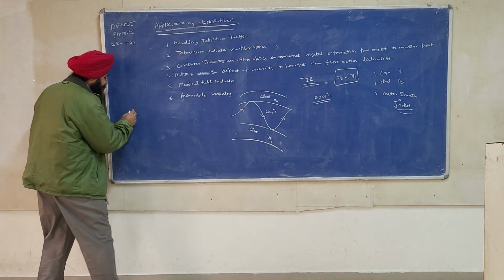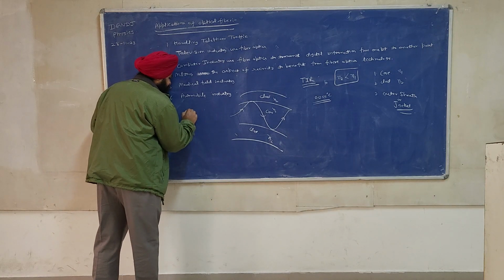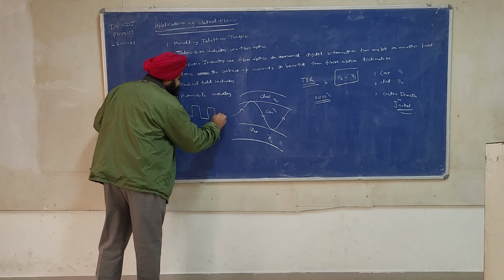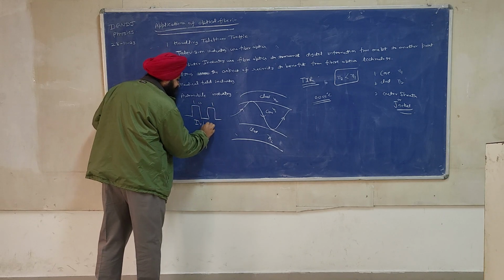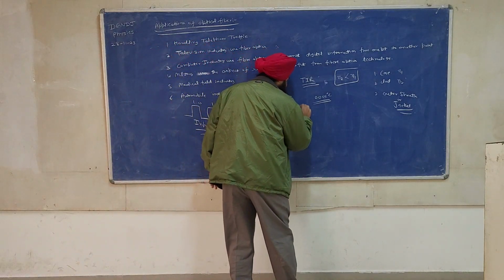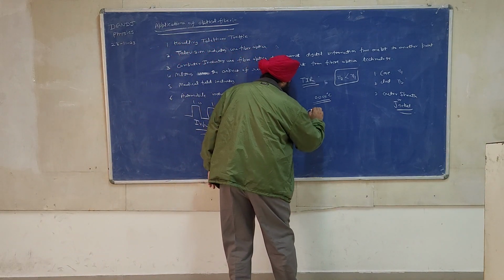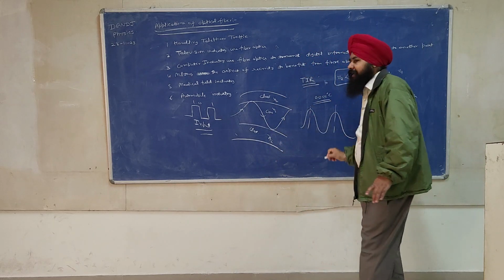Let us say this is our input signal, 101. At the output side, sometimes the shape of the signal gets changed.